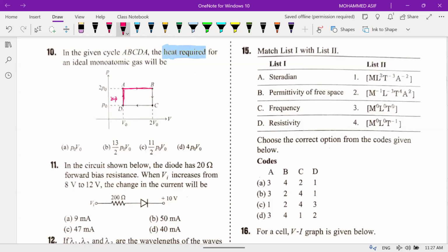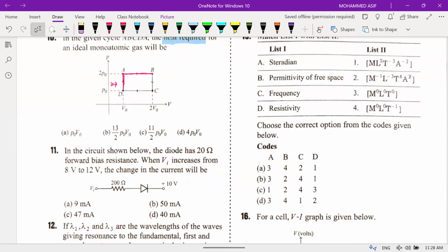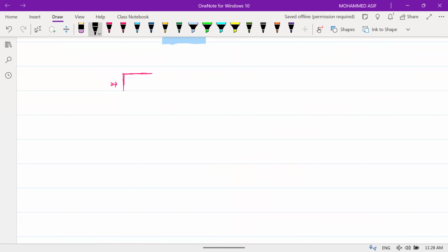And A to B at constant pressure, heat is also supplied. Now from D to A, volume is constant. So what will the heat supplied formula be for a monoatomic gas?